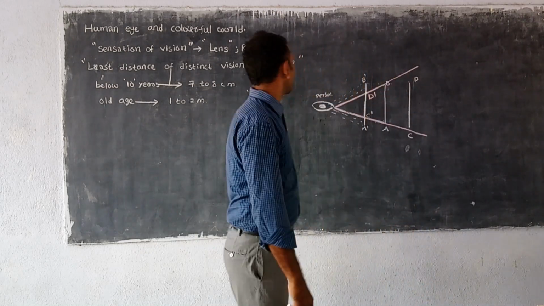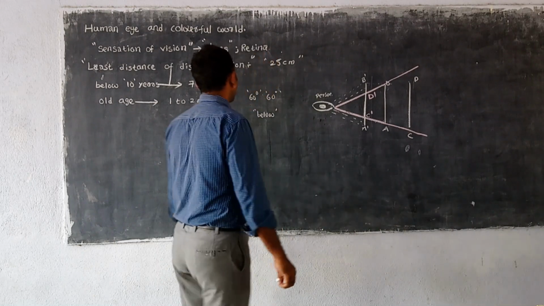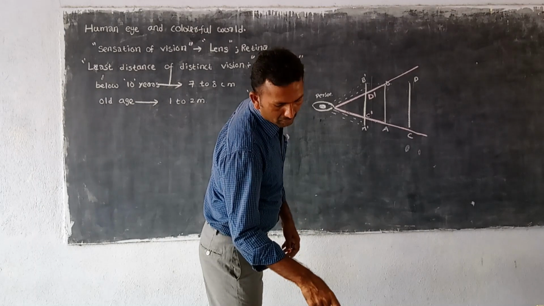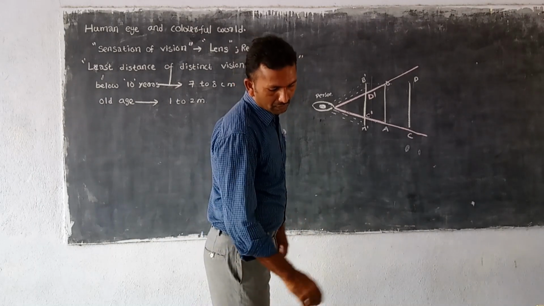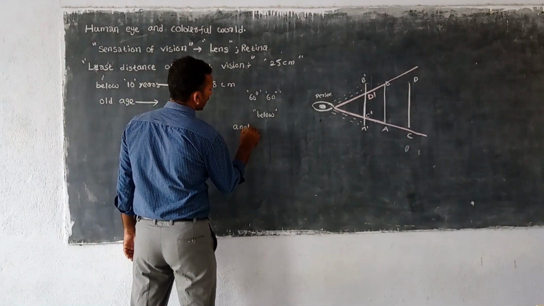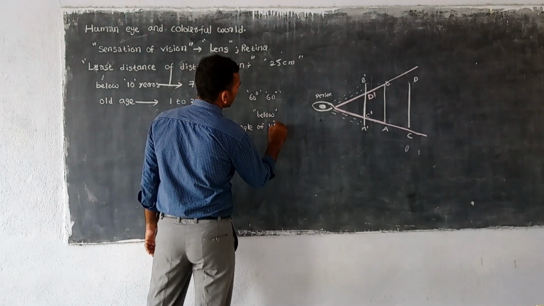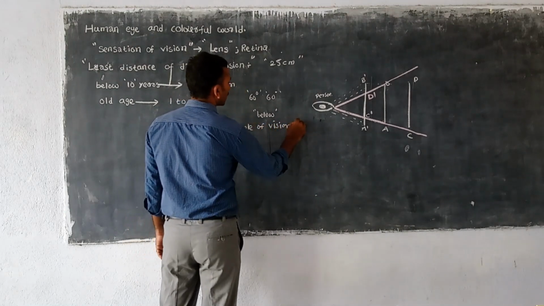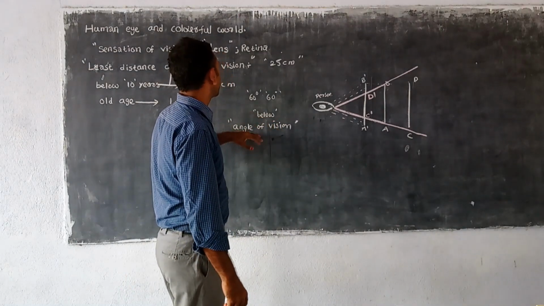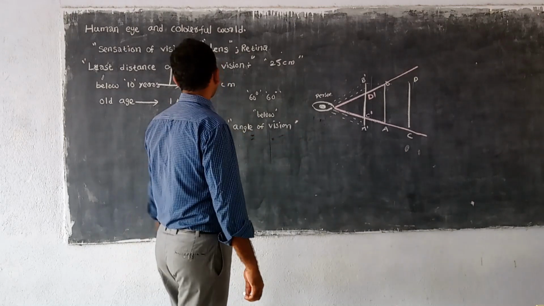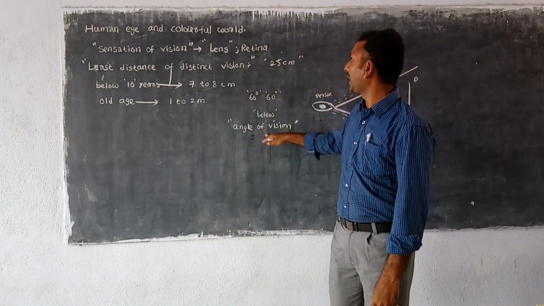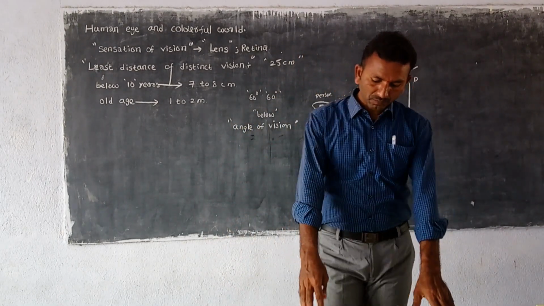The angle at which the person is able to see the complete object, how much angle, that angle is called the angle of vision. Like the least distance of distinct vision is changing, here also the angle of vision is changing from person to person.